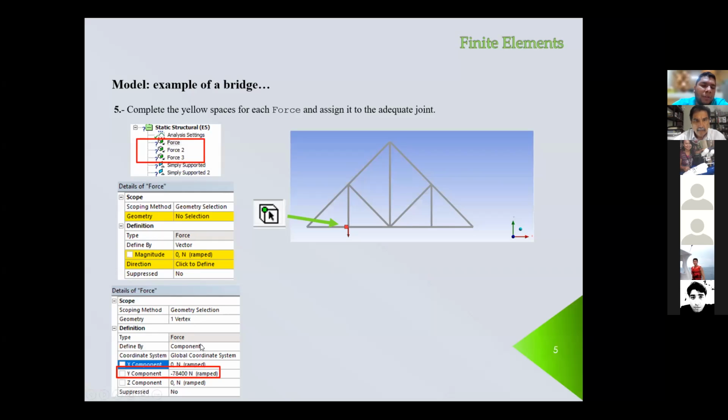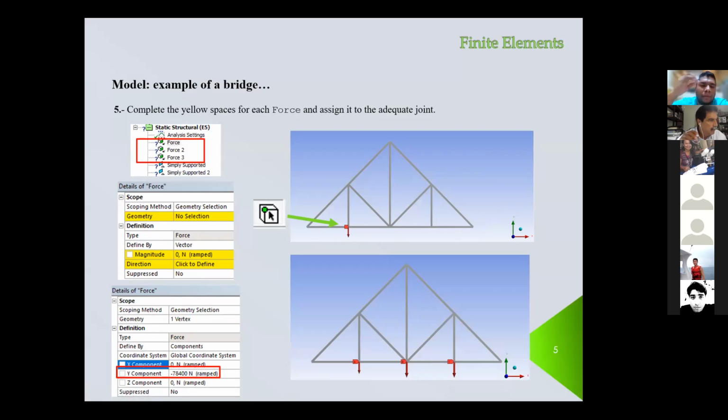In the y direction, because this is the reference system, the y component is minus 78,400 newtons. The same for the other joints, force 2 and force 3.